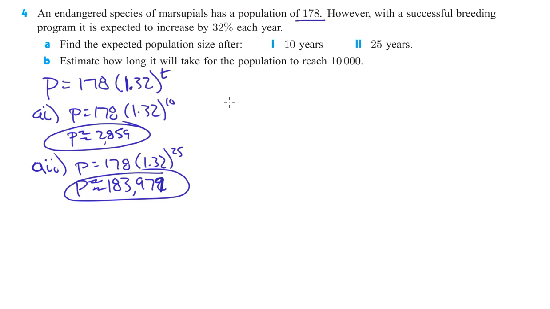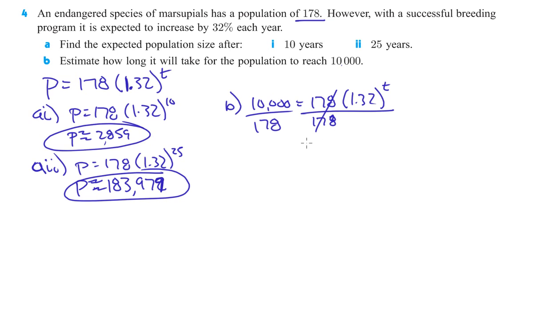And then for part B, estimate how long it's going to take for the population to reach 10,000. Okay, so that's when we want to plug 10,000 in for P. So we've got 10,000 equals 178 times 1.32 to the t. Okay, I'm going to divide both sides by 178. And that's going to leave us with 1.32 to the t over here.